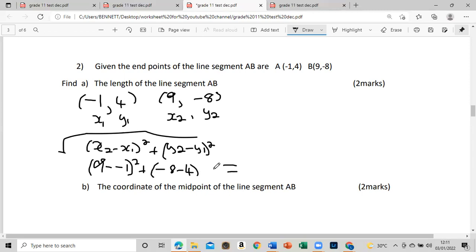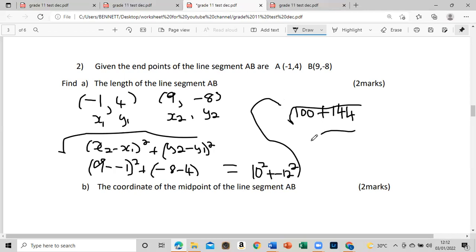The first one, 9 minus -1, is 10, so that's 10 squared, and then plus -12 squared. All in all, this gives you 100 plus 144, which is 244. So the square root of 244 will be the length of the line.